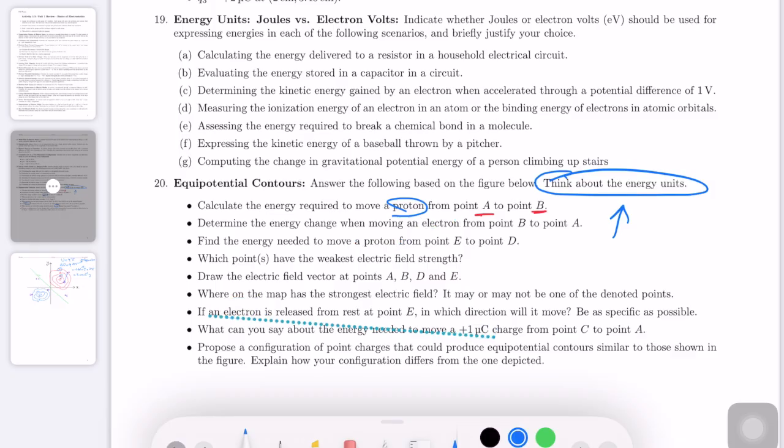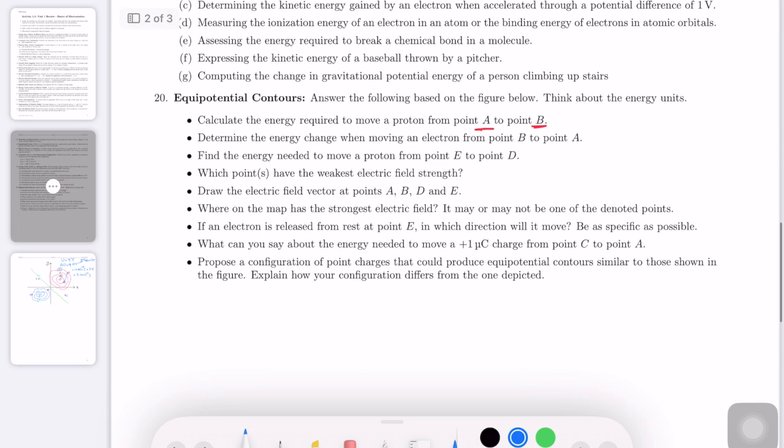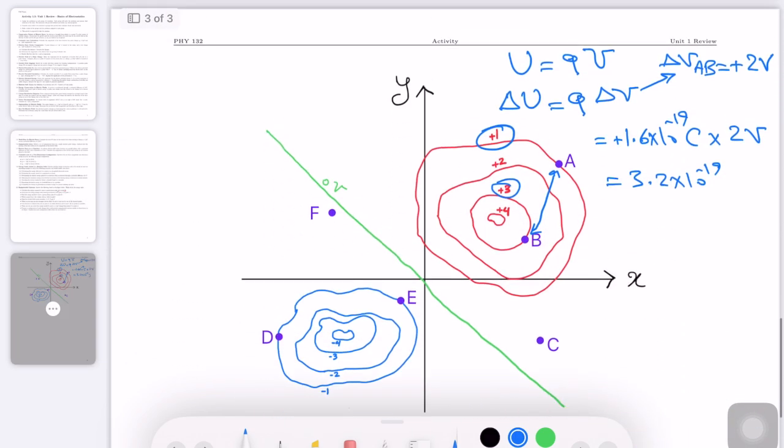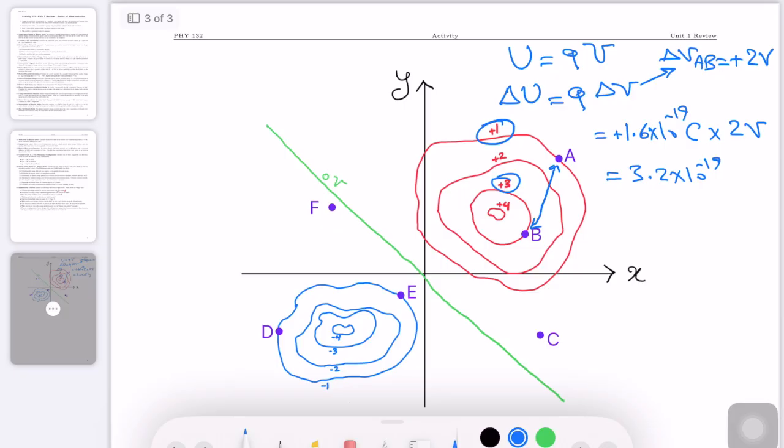So I would recommend then, after seeing this, to actually express your answer for part A in terms of electron volts.